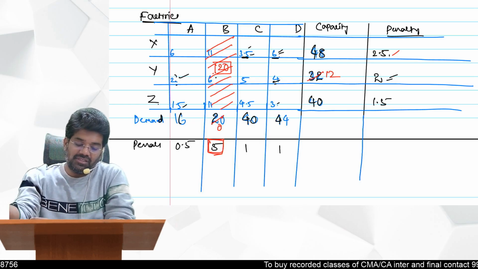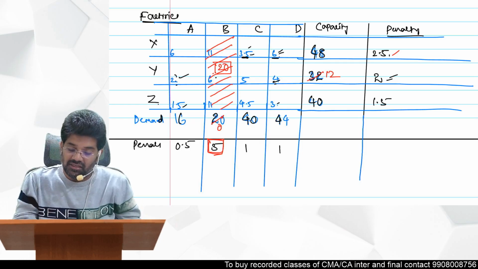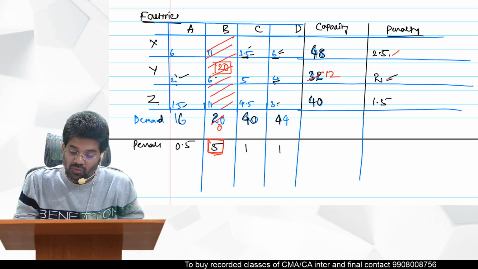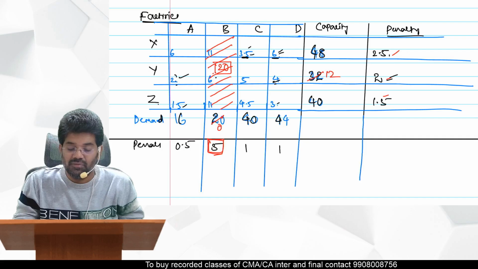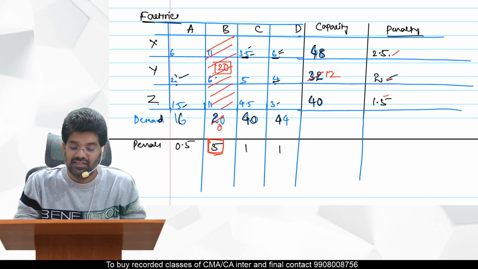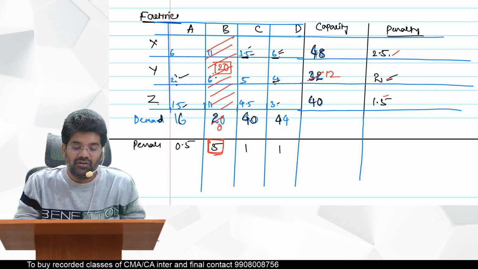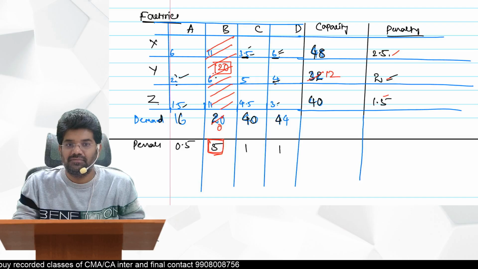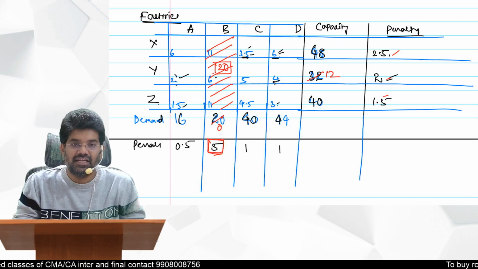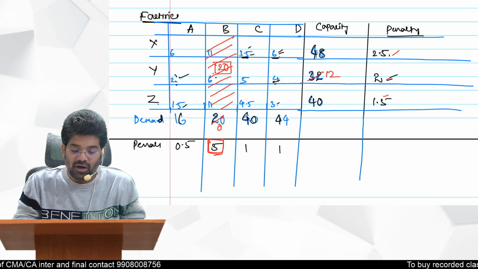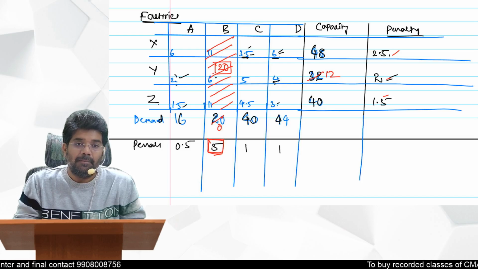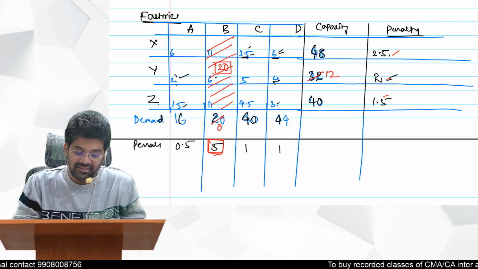What is the maximum loss? 2.5 to 1.5. That is the reason we are calling it penalty, or we can also call it regret. By not allocating to the first one, if you allocate to the second one, this is a regret or not? Yes. Now out of that also, you are selecting the maximum.